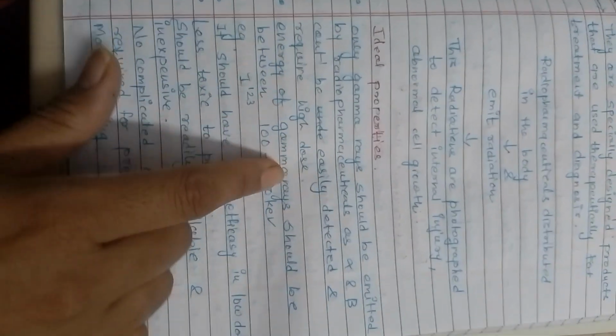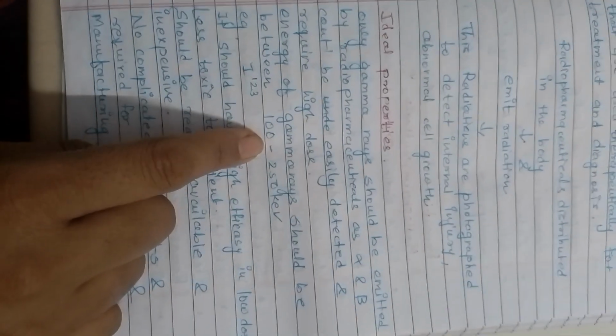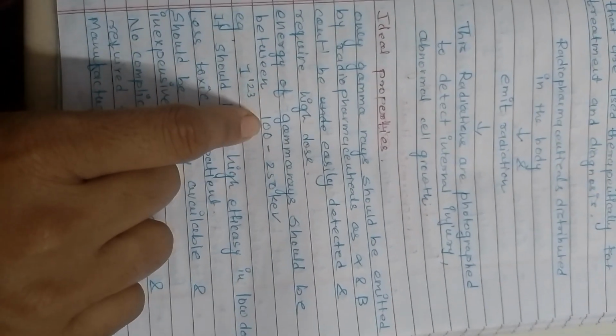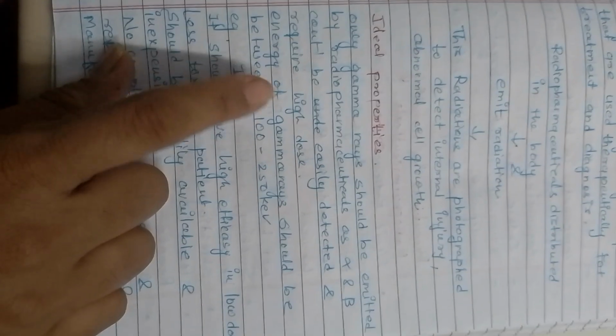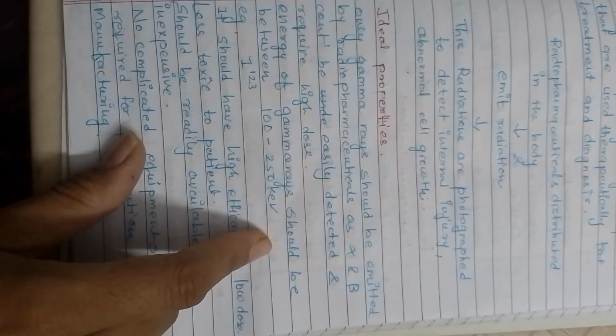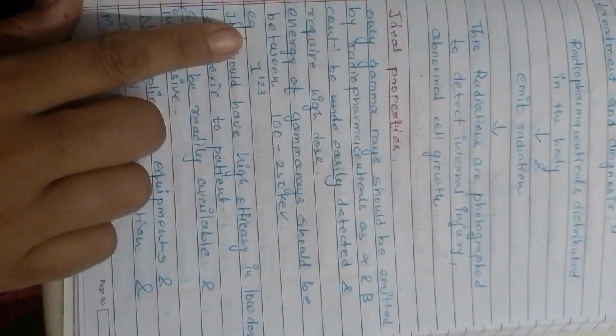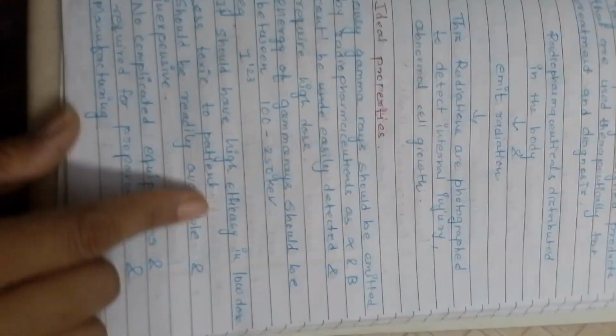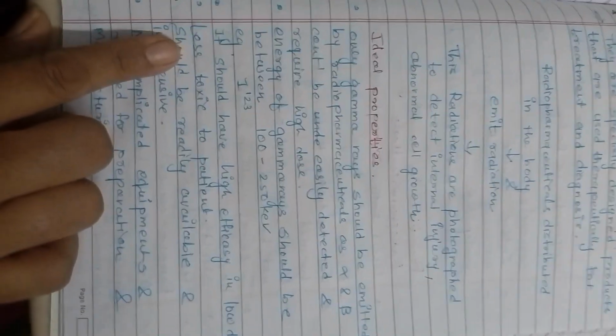Now, the energy of gamma rays produced should be between 100 to 250 kilo electron volts. Less than 100 will not produce any pharmaceutical effect, and more than 250 will produce a toxic effect. Example, iodine 123. Now, it should have higher efficacy in low dose.